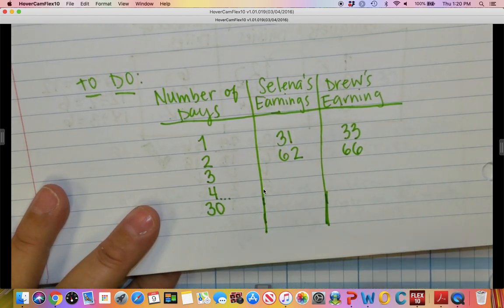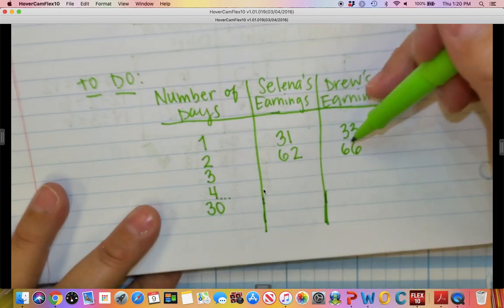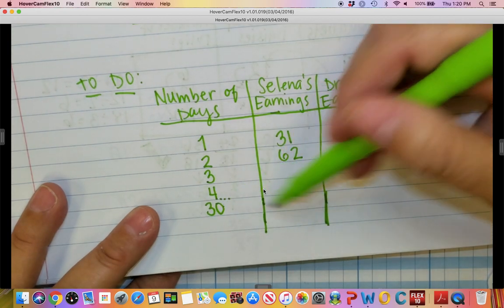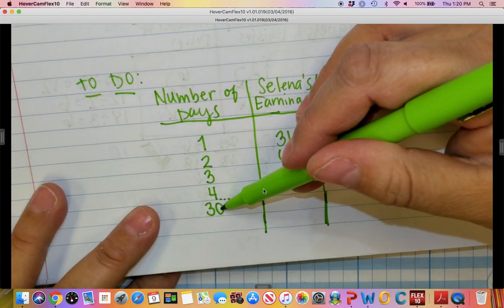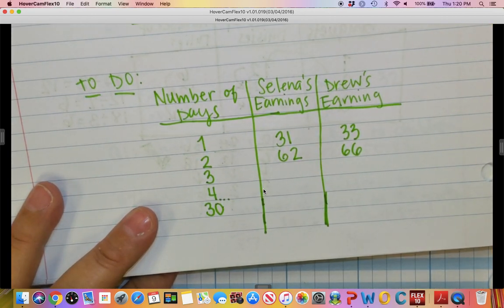So if you understand what to do from 1 to 31 and 1 to 33, you can figure out what to do to get from 30 days to Selena's earnings and 30 days to Drew's earnings. Follow the pattern. And then we'll discuss it when you come in tomorrow.